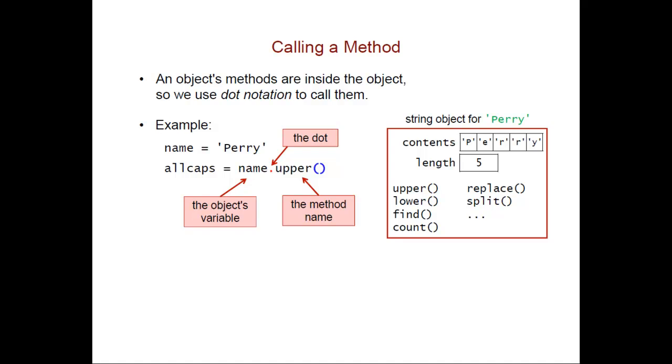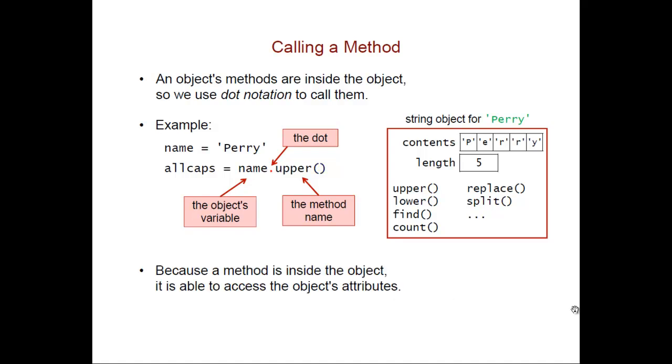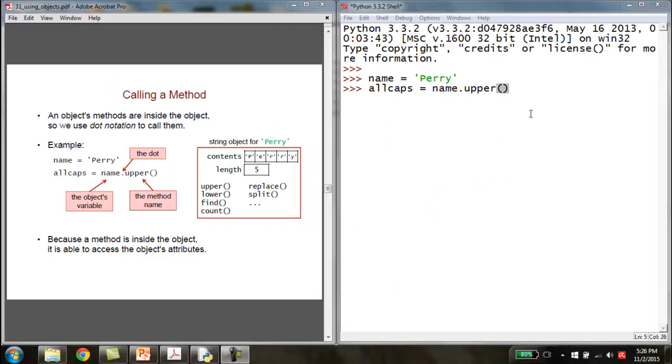So it's similar to calling a function, but we have to prepend the object's variable, and we do that using dot notation. Because a method is inside the object, it's able to access all of the attributes of the object. That's why we don't have to pass anything in here. Everything we need is inside the string object. So let's see what happens when we call this method.